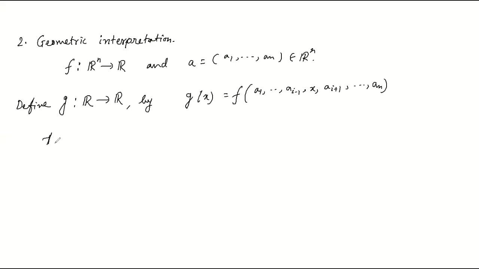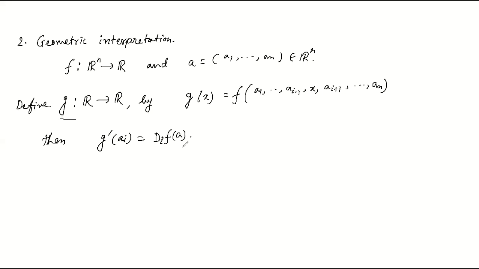Then the ordinary derivative of g at the point a_i, that is g prime of a_i, is the ordinary derivative of the single variable real valued function g at the point a_i. This is equal to the partial derivative of f with respect to the ith component variable at the point a.